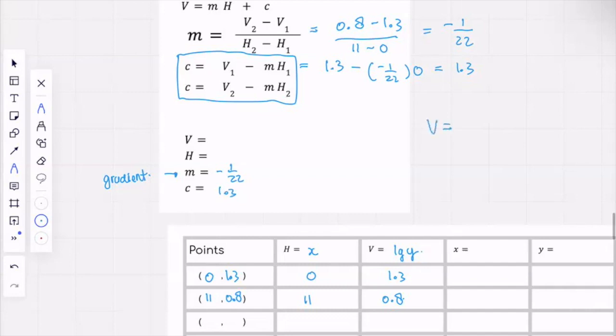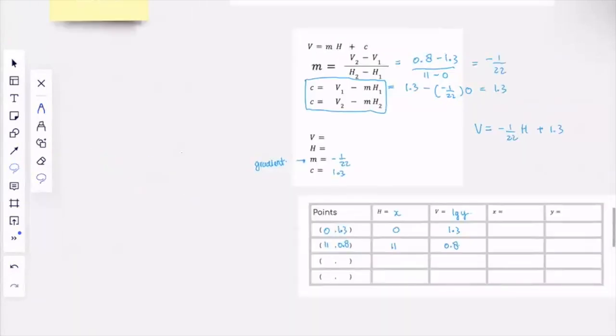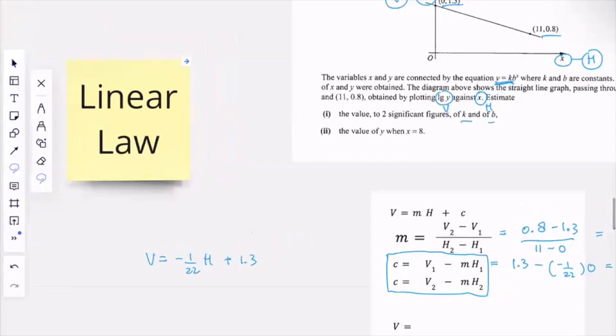And the equation will be phi equals minus 1 over 22 h plus c, and c is 1.3. Okay, I shift this to the back and we work this out. They want k and b.